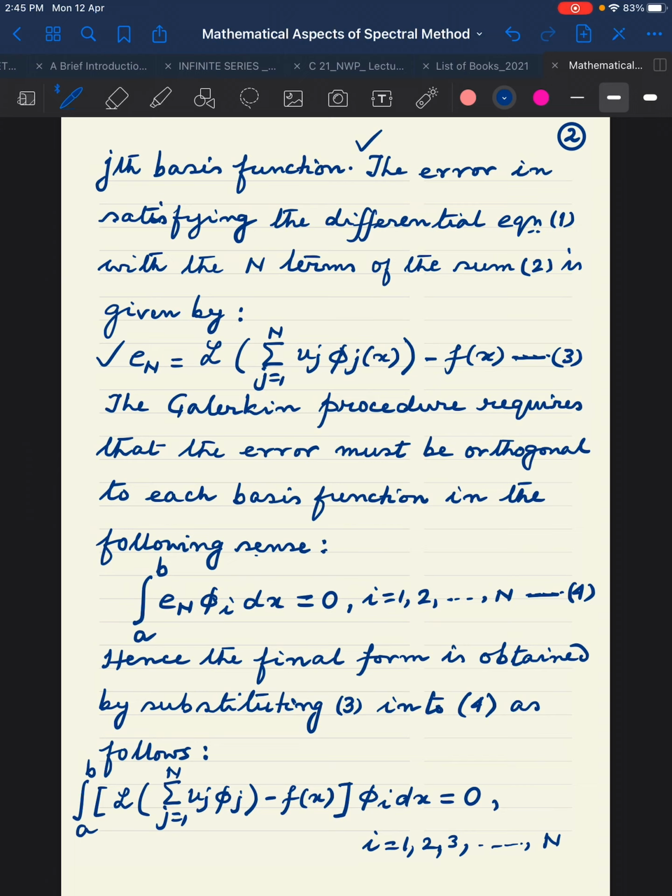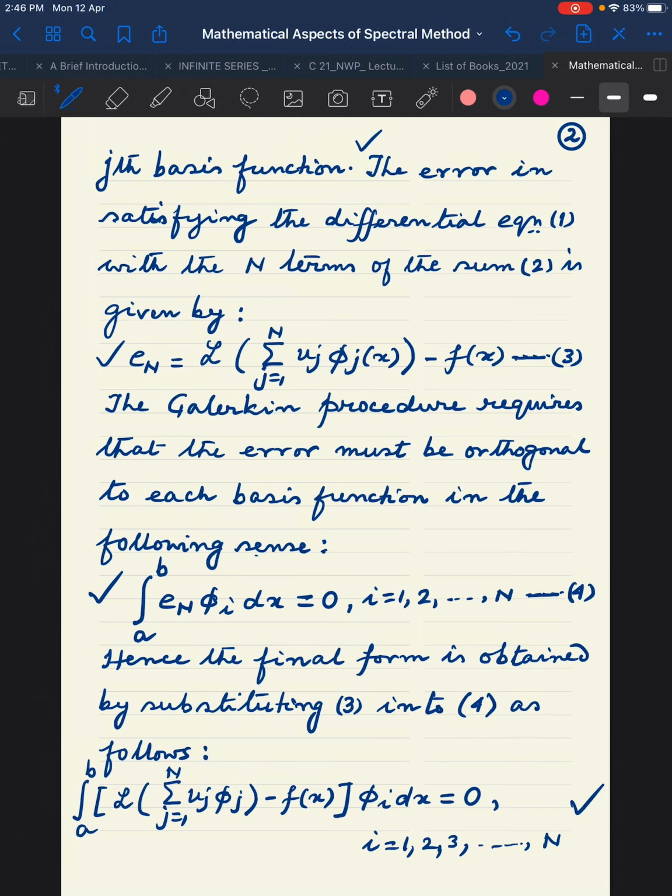So here our assumption is that the error is orthogonal to each basis function in the sense of (4). That is, the integral from a to b of e_n φi dx = 0 for i = 1 to n. Hence the final form is obtained by substituting (3) into (4), because we have to substitute the form of e_n from (3) into (4) so that we get this relation.